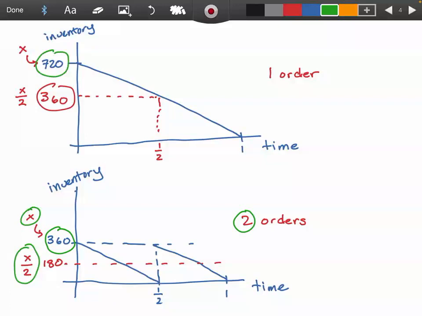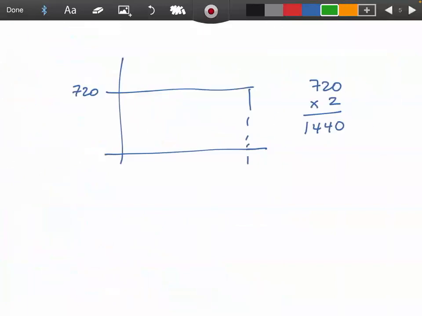So in other words, if we know what X is, and of course we know the 720, which is the total number of calculators we want, we could figure out the number of orders just by dividing the two. So in other words, we know that 720 is the total number of calculators that we want to order over the course of the whole year. And we know that our lot size is X. So this should tell us the number of orders that we need.